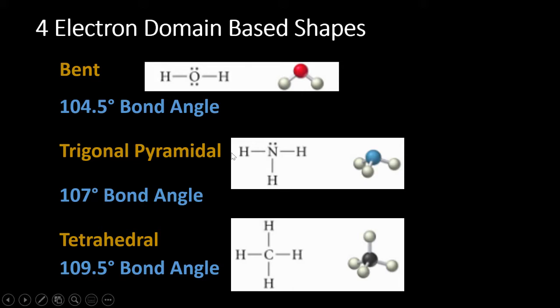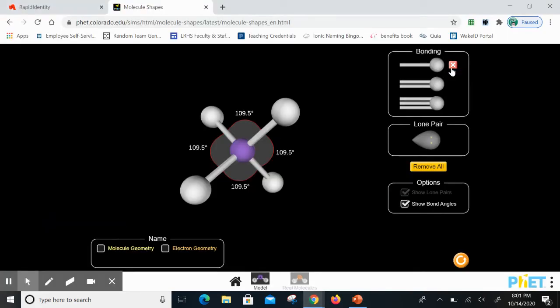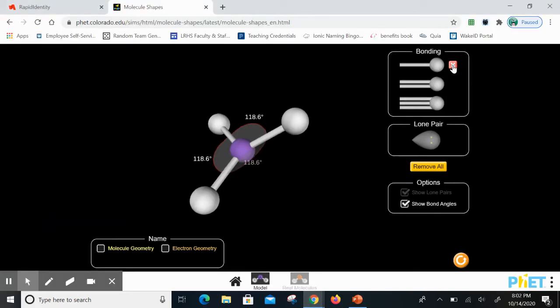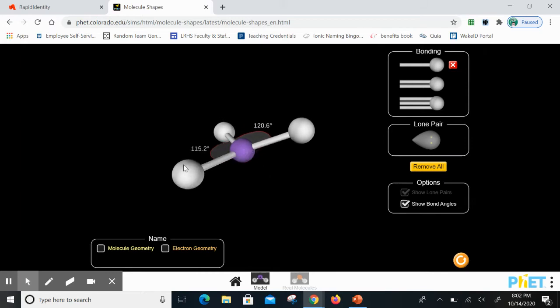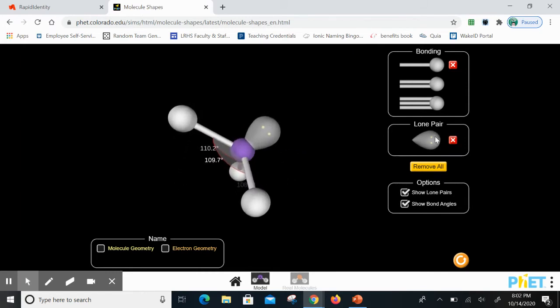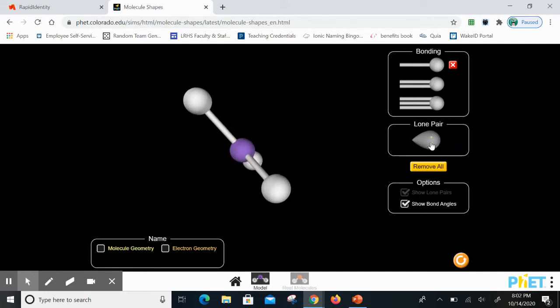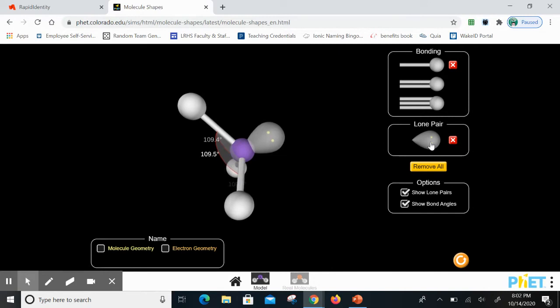And to take a look at that, if we take away one of these and replace it with a lone pair, so there's your trigonal planar, right? If we throw in a lone pair, it's going to push all that stuff down. So trigonal planar is like that, and trigonal pyramid happens when you put a lone pair in there and it pushes the three bonded atoms down so that they form more of a pyramid shape.